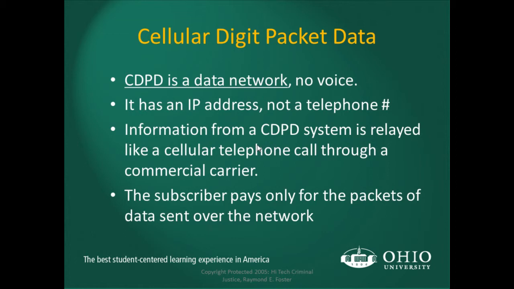CDPD, or cellular digital packet data, is a data network. There's no voice. It's IP based. It was the first data type network in cellular technology. We've kind of had several generations since then. Maybe you've heard of EVDO. Now you see 3G, 4G type of technologies, LTE.